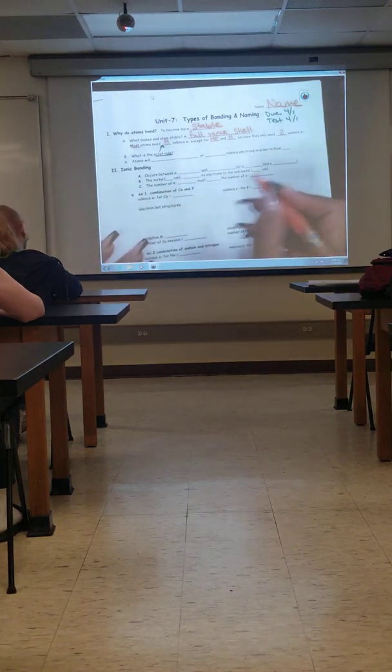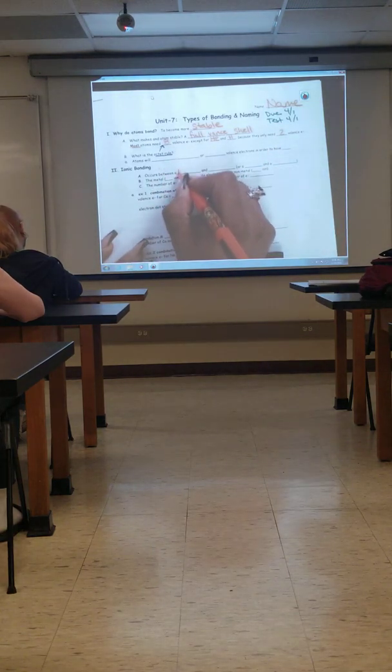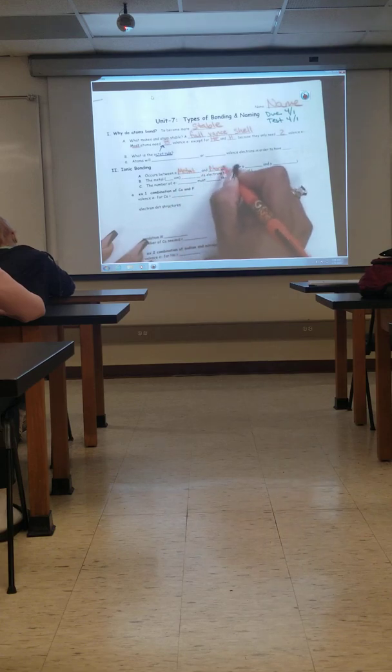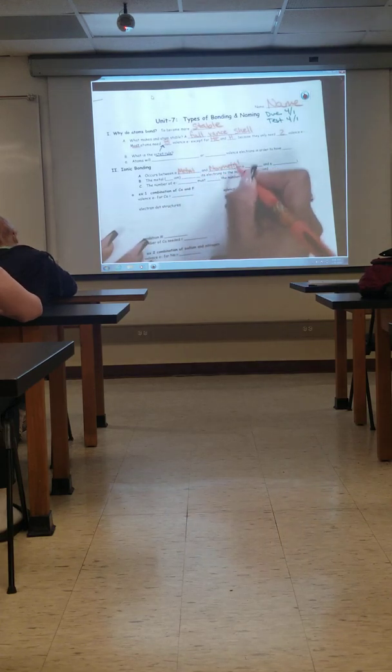It says here, let's talk about the word ionic bonding, because there's a difference between ionic bonding and covalent bonding. Ionic bonding occurs between a metal and non-metal. And I skipped that up there, didn't I? Let me go back to the previous sentence.